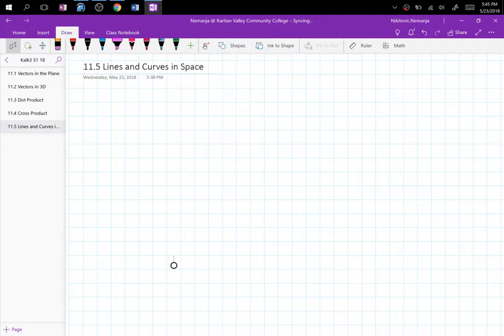So there are many applications, like looking at the path of a particle if you are doing particle physics, and many other applications where this would come in handy and be useful. So in order for us to sort out all of these lines in space, we are going to use the vector-valued function.